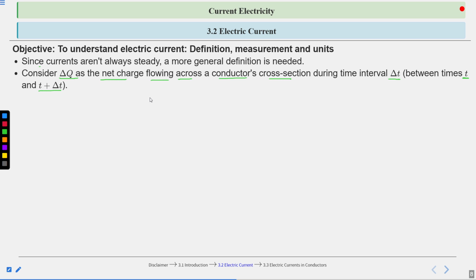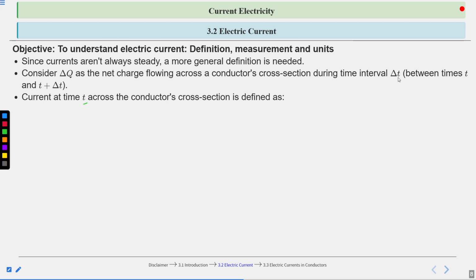So t plus delta t minus t is the time interval delta t, a time interval within which we want to find the current at time t. This is delta t, the full interval.